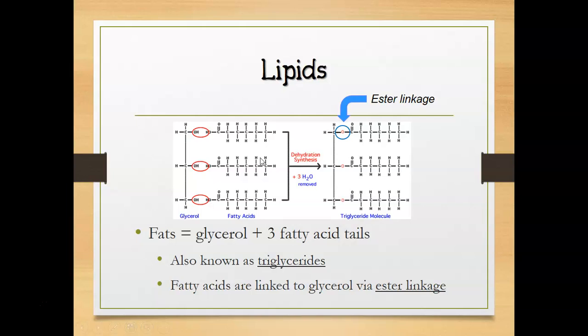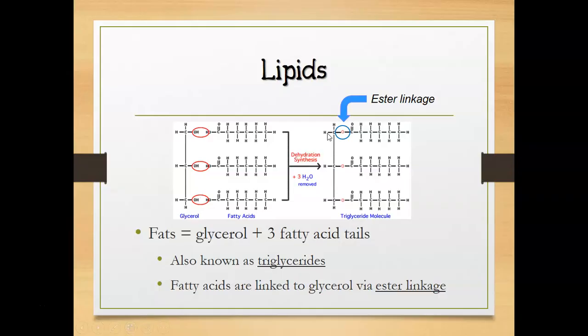All of these guys go through a dehydration synthesis reaction at each connection point here. So 1, 2, and 3. Which means when I'm going to build these molecules, every time I make a complete triglyceride, I've got to actually remove 3 waters, 1 for each connection of a fatty acid to the glycerol.